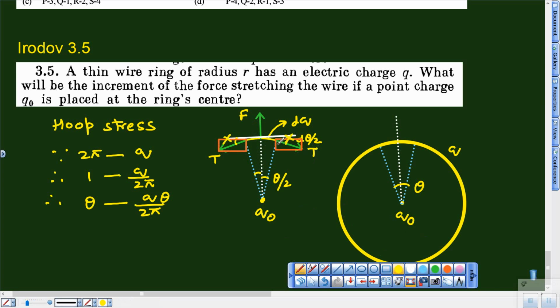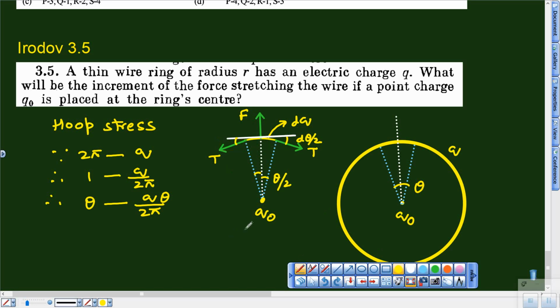Leaving the downward component, which collectively will balance the force F. You may pause the video for a while here and understand what I have said in the last 30 seconds. I said these two transverse components will cancel off and the downward components will collectively balance the Coulombic repulsion F.